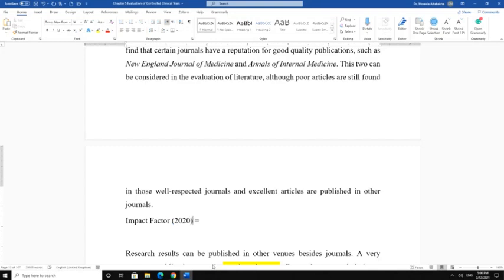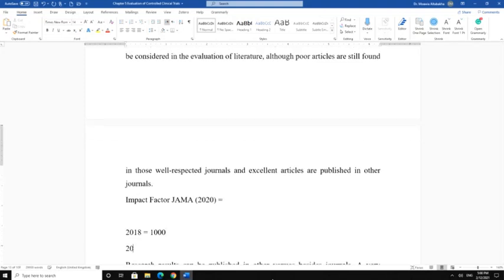So how do they do it? Suppose this journal, let's say JAMA, just as an example. Let's say JAMA in 2018 published, for example, 1000 articles. In 2019 they published also 1000 articles. This is just an example, okay?